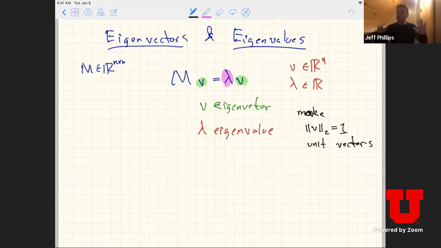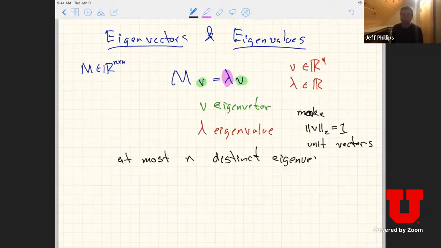A matrix always has these, but there's actually going to be a finite number. There are in fact always going to be at most n distinct eigenvectors, and the associated eigenvalues.